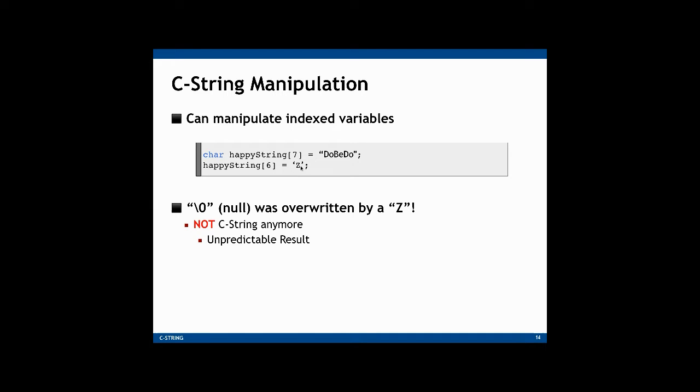So after doing these manipulations, this happy string is no longer a correct C-string because there is no null character at the end of this string. So unexpected behavior can occur when you are dealing with this happy string variable. So be careful not to override these null characters when you are manipulating a C-string variable.